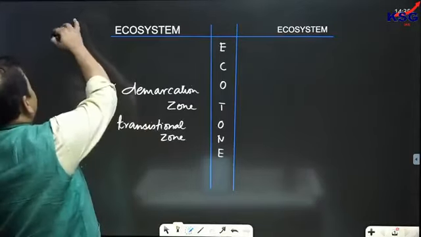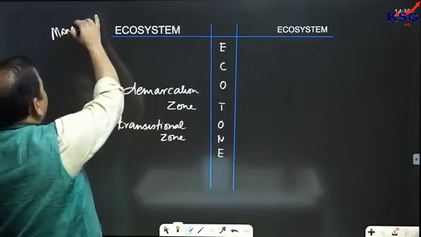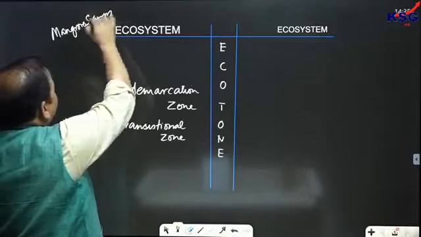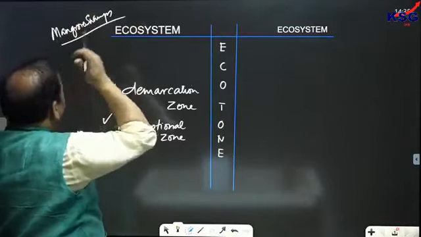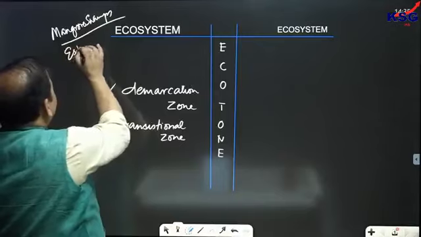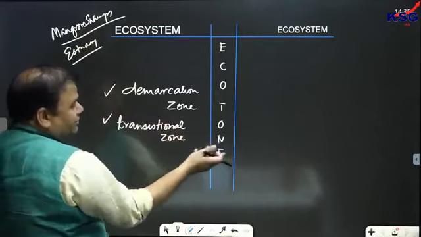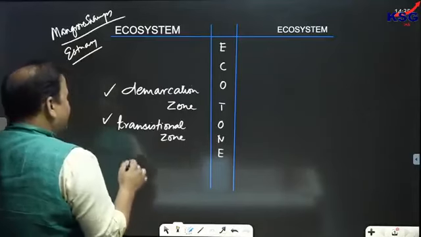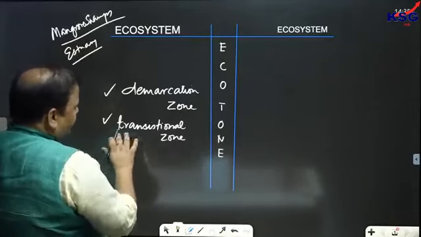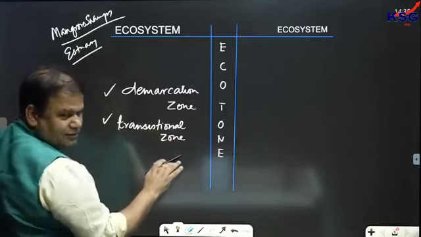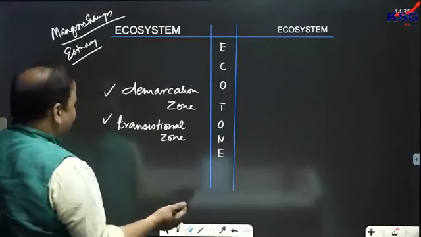Examples include many. For example, we have discussed mangrove swamps. Sundarbans of West Bengal is nothing but an ecotone. Estuary is an ecotone because it separates two ecosystems, river ecosystem and marine ecosystem. So it's not only a demarcation zone but also a transitional zone, as the characteristic of one ecosystem reduces and that of the other enhances.